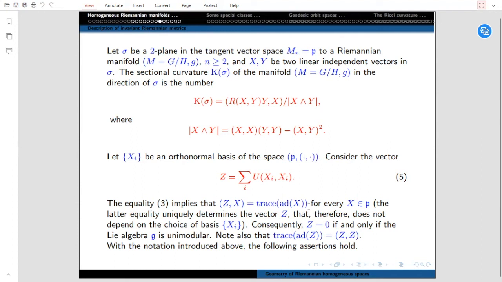And on the level of the Lie group, we have a hypersurface in the Lie group, in the Riemannian metric. And this vector Z means the mean curvature vector. Yes, okay, very nice. Thank you for that explanation.